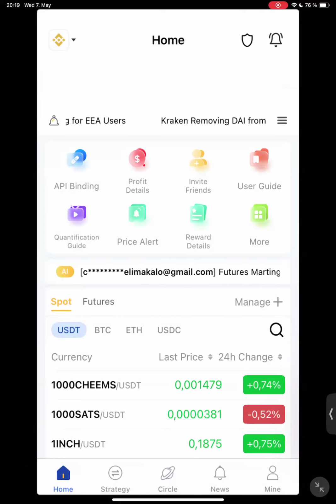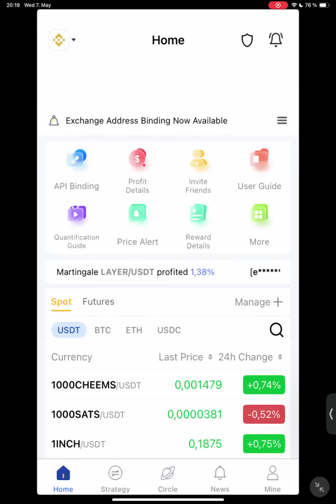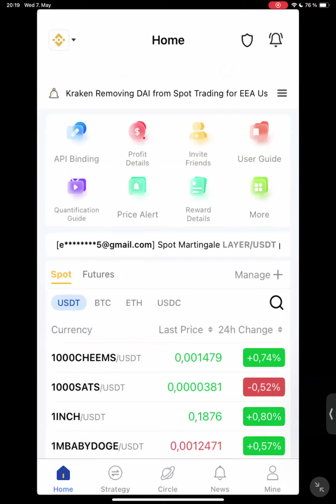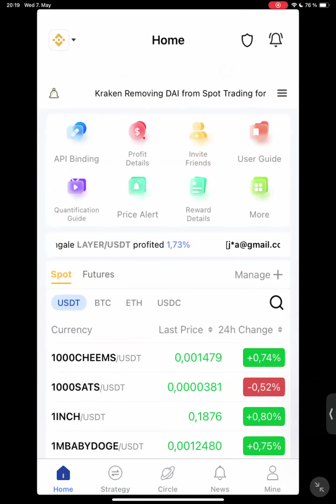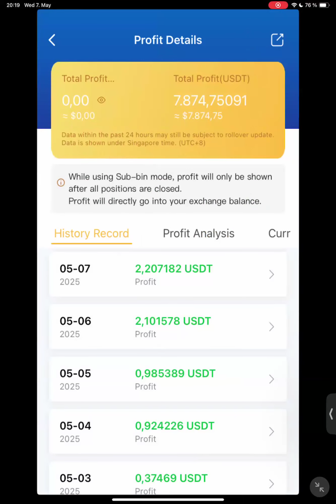All right. So let us look at the strategy here. No, let's first go to home. So profit details, we need it. We have to check profit details. So with the RoyalQ app, you know that our trading capital is not with RoyalQ. Our trading capital is in our exchange.